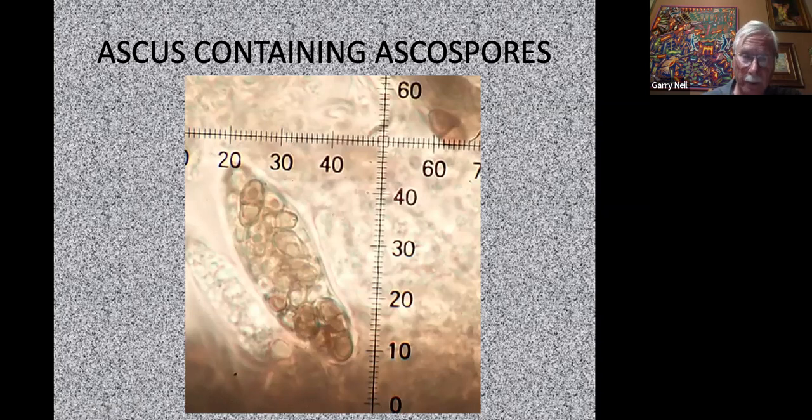It's a micron. So you can see that these spores are extremely small. In fact, the photograph is taken under 1,000 times magnification. It's a special type of lens called an oil immersion lens that allows you to do this. And again, you see these spores being developed, which later on will be released.